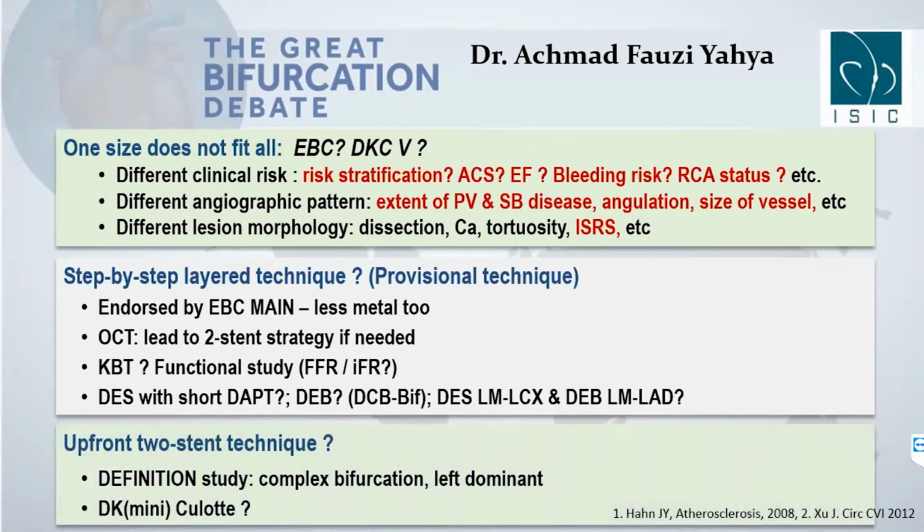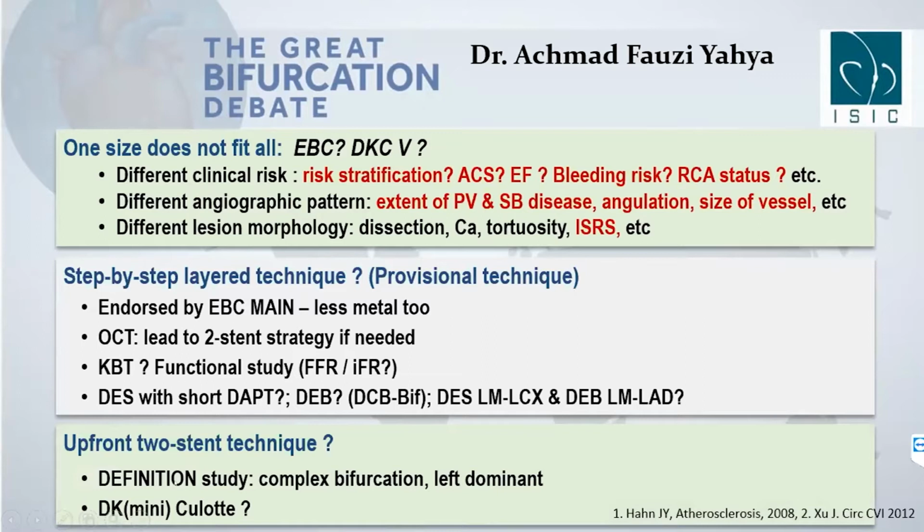And of course, the other option is an upfront stent strategy. This is still a viable option because we know that the patient has a left dominant system, and the anatomy also fits the so-called complex bifurcation as mentioned in the DEFINITION trial. So we know also that the circ is a very important vessel.